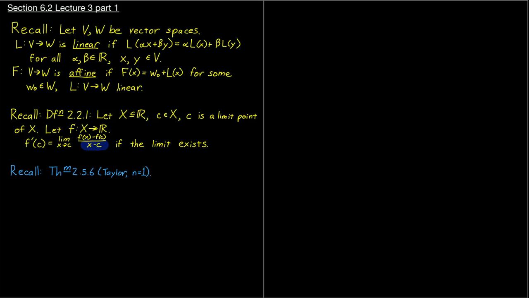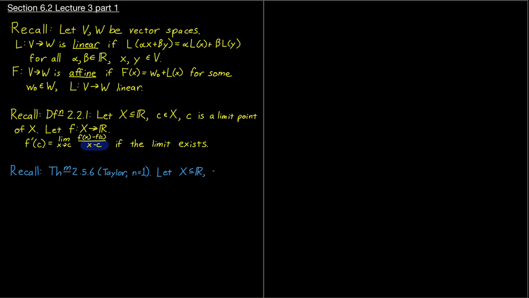I should point out that the Taylor's theorem in your book has some typos in it. So here is the corrected version. And we can actually be a little bit more general than we were last semester in the n equals 1 case. So let's have our same setup as for derivatives.